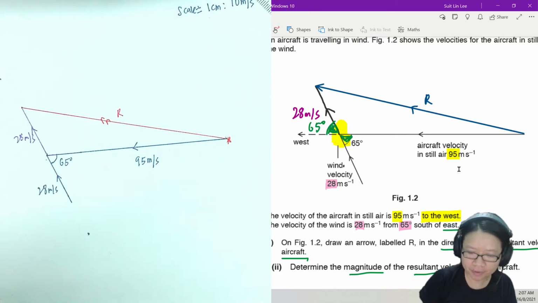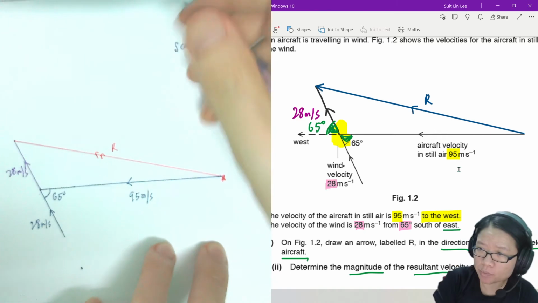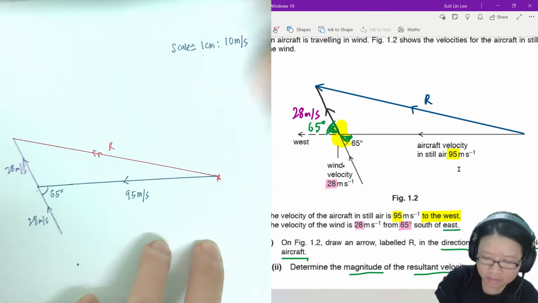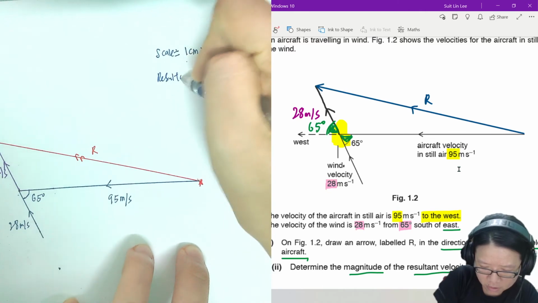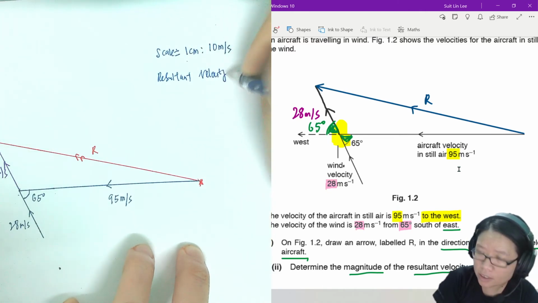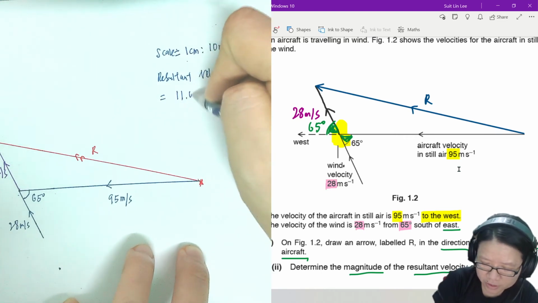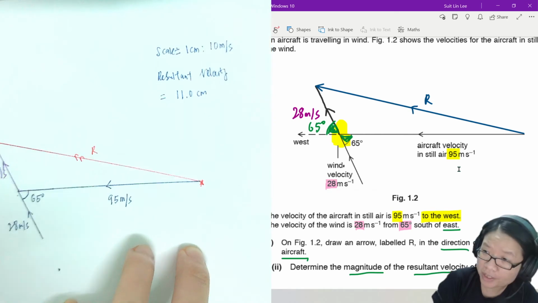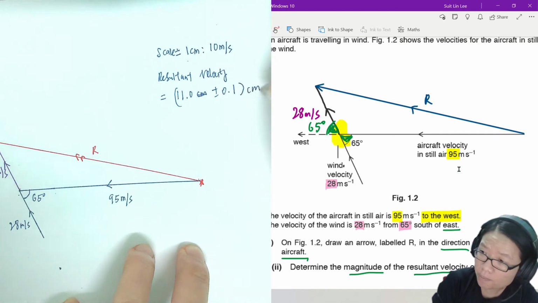Just make a note here that the resultant velocity will be equal to 11.0 cm. If you want to write it with the uncertainty, then you say 11.0 plus minus 0.1 cm.